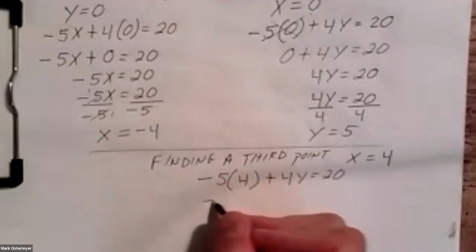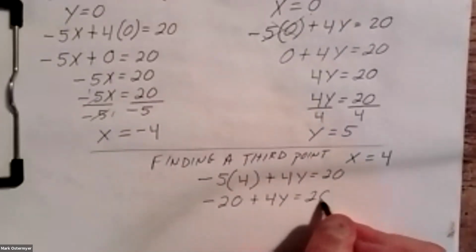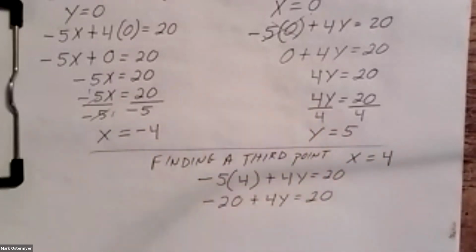And now we have to solve this equation for y. This is going to be -20 plus 4y equals 20. How do we solve for y? Add 20 to both sides. Okay, add 20 to both sides.